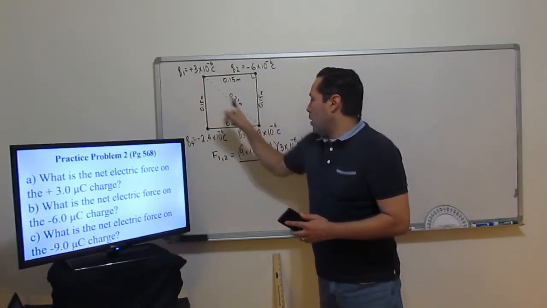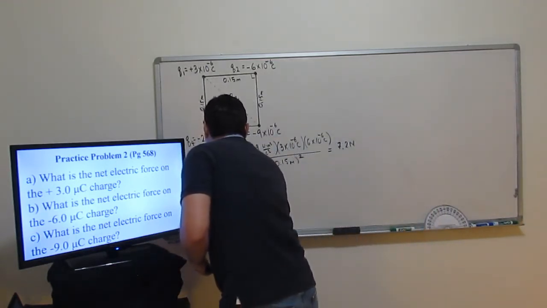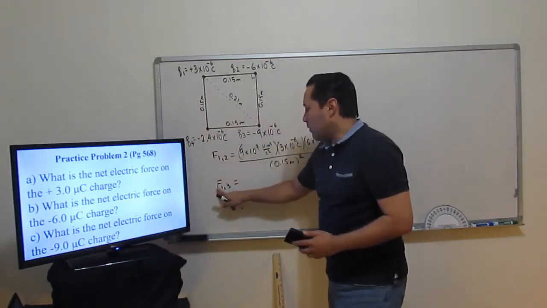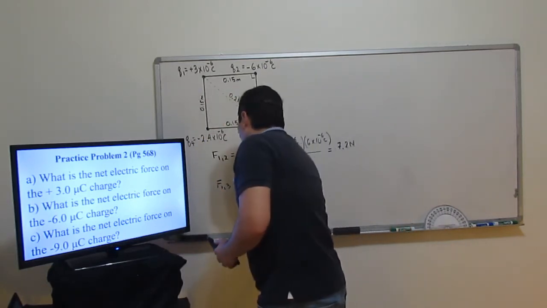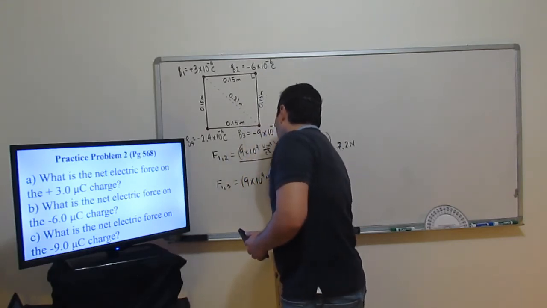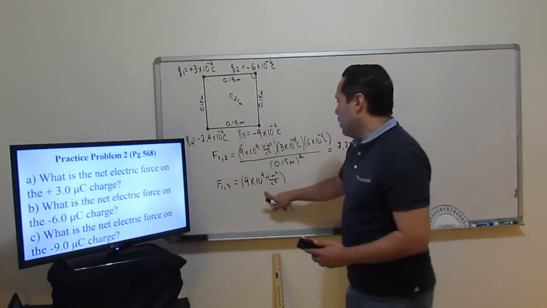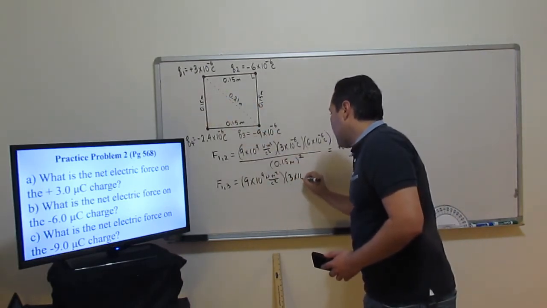Next is the force between 1 and 3. I label it 1, 3. It's going to look very similar, where we have the same constant, and we're still using charge number 1, so it's the same value.